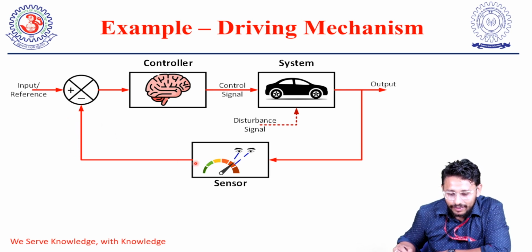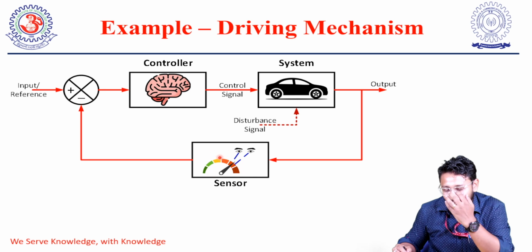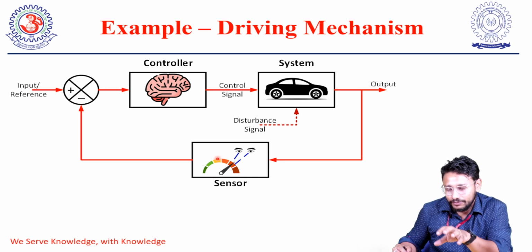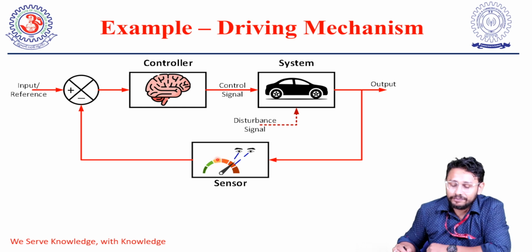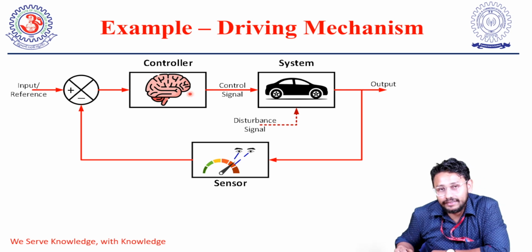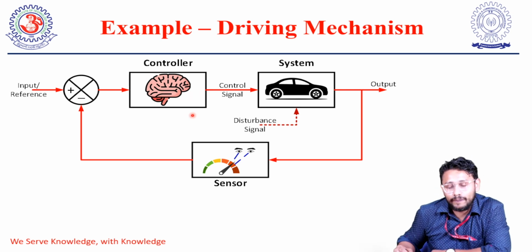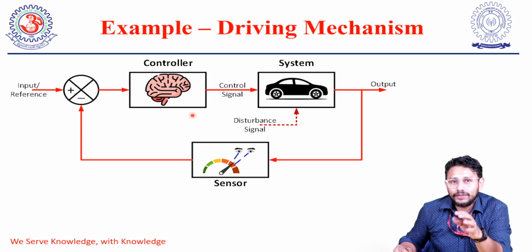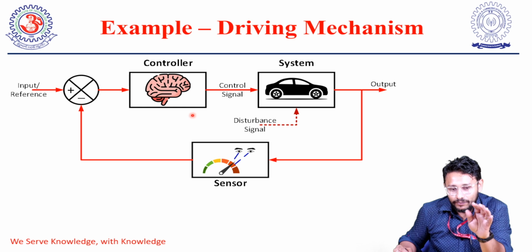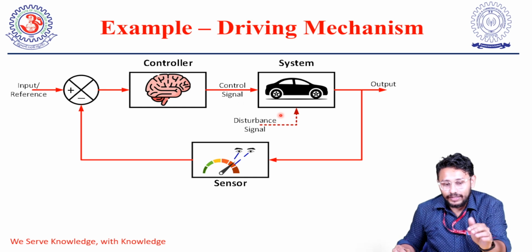The sensor, or the eye and speedometer, gives you the actual speed of the car, and your brain compares that with the reference, what you actually want. That difference is converted into angles for the pedal to be pressed, and this control signal moves forward to the accelerator pedal.